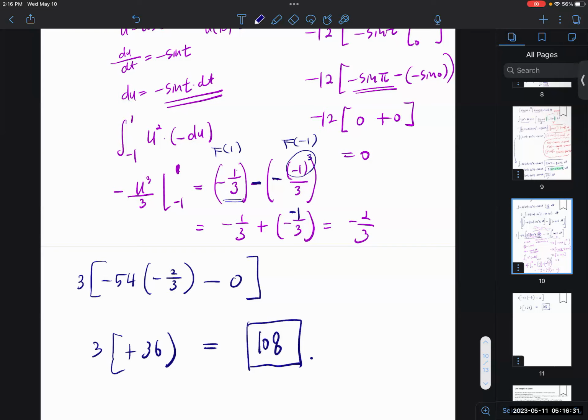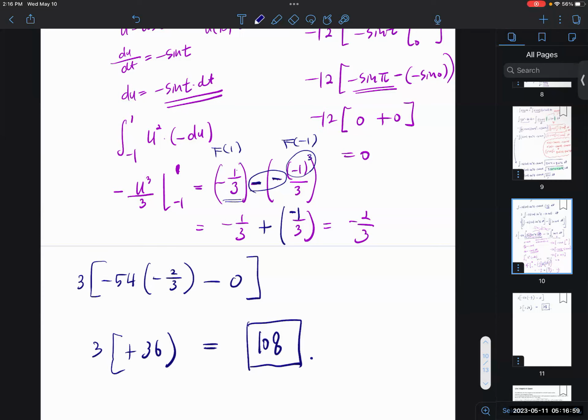Negative 1 to the third is negative 1. So negative 1 over 3. And then we have a negative, but I combined this already. So this one is just negative. I think I keep getting negative 1 over 3.